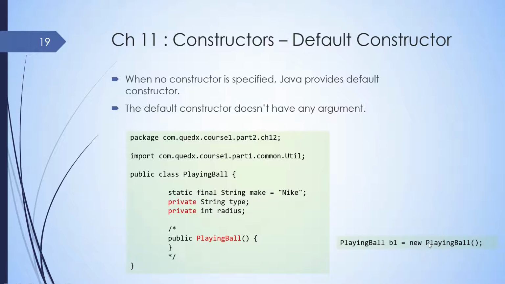You can see we are saying PlayingBall b1 equals new PlayingBall(). So we are calling this constructor, but we haven't provided any constructor. This is what Java does by default for you. It behaves as if it were providing this implementation right here.